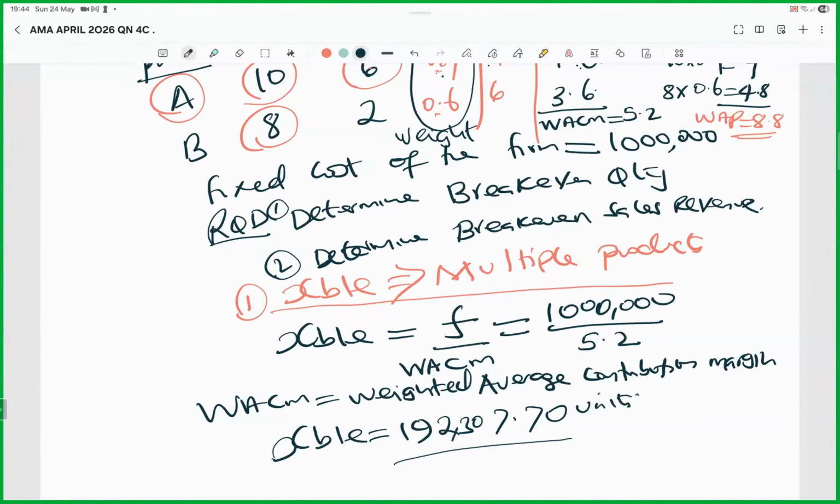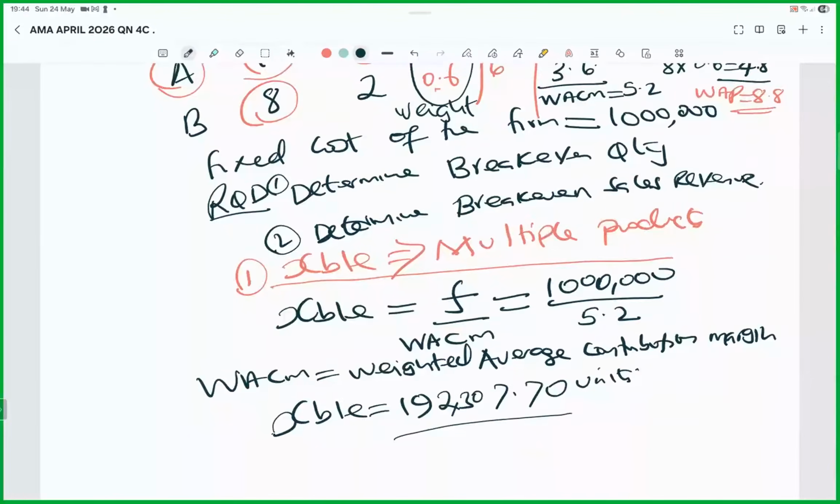Remember, these are units. Can I ask you a question? You see, this X break-even is for multiple products. I want to subdivide it into the individual products. Which criteria do you think I will use to subdivide it? The sales mix, Dina. I can assure you, Dina, you are such a good student.